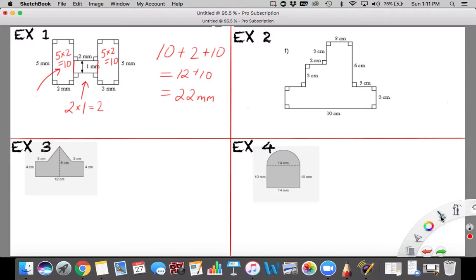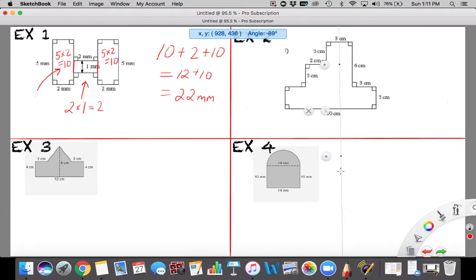Now we can actually take these shapes and let's see how we want to break them down. Well, I'm going to break it down like this. Let me get my ruler to come up. Just a minute. All right, there it is.